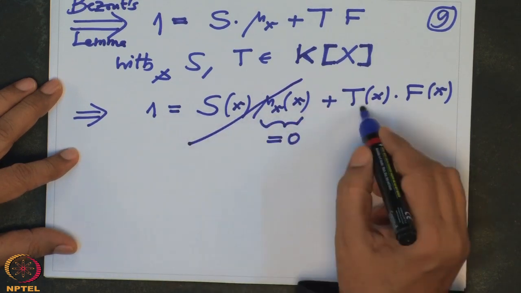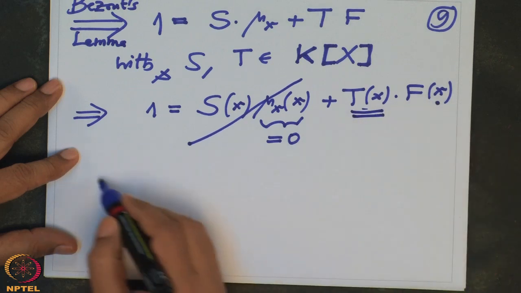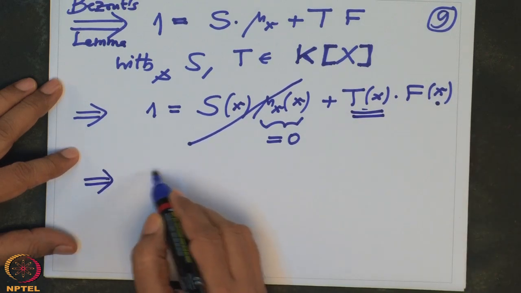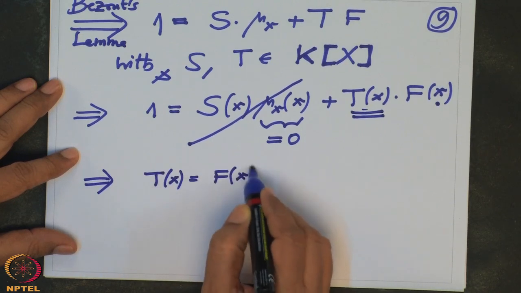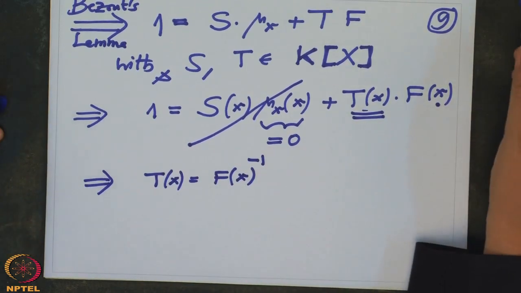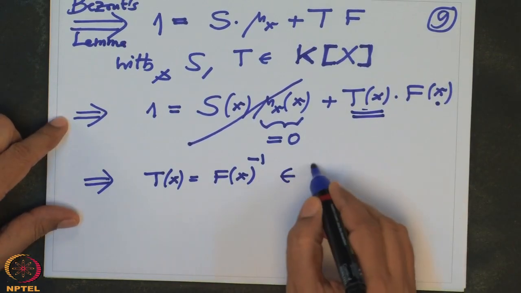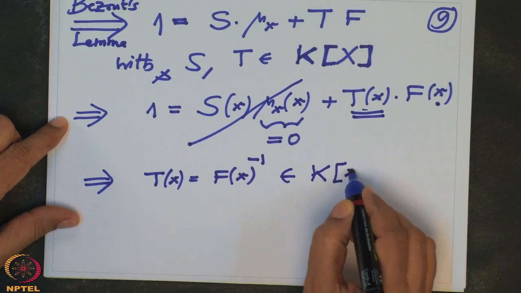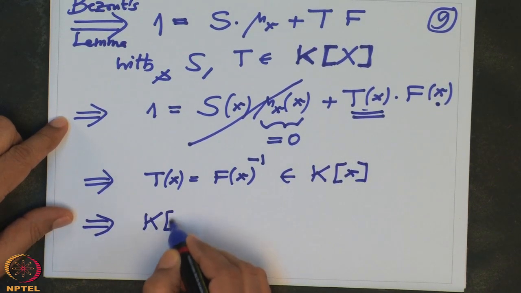So 1 is equal to t(x) f(x), and t(x) is the inverse of f(x). So assuming f(x) is non-zero, I have proved that it has an inverse, and this inverse belongs to K[x]. That means I have proved that K[x] is a field.